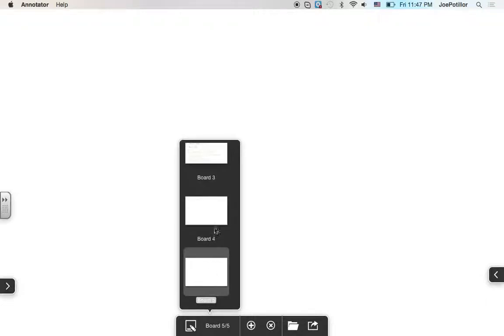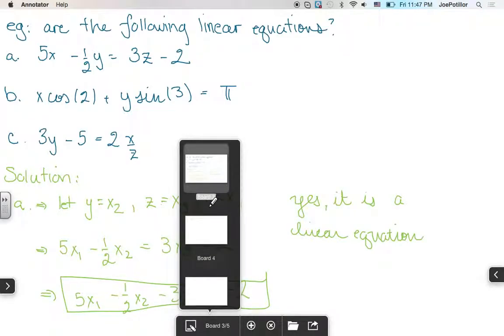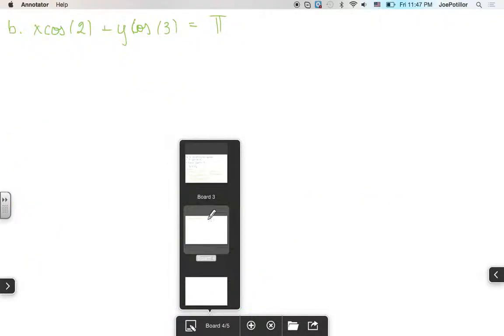For part B, it's a little bit tricky. Alright, so for part B, we have x cosine of 2 plus y sine of 3 is equal to pi.